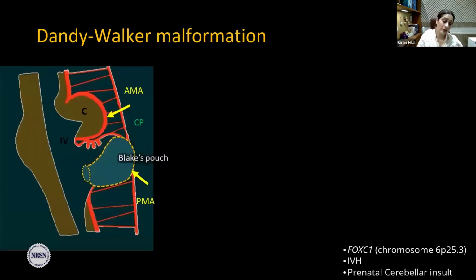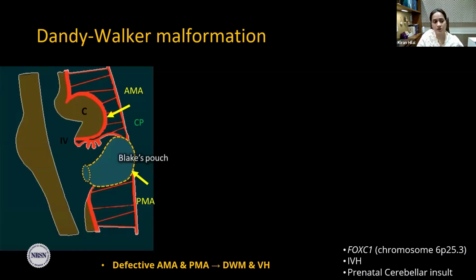So exactly going back to our embryology, which is the key, because if you understand your embryology, then you know what's going on. Remember what we were discussing, the formation of the Blake pouch at the 6th week of gestation. If at this point, when the anterior membranous area or the posterior membranous area is formed, any error occurs in the embryology, then we may develop the Dandy-Walker malformation.